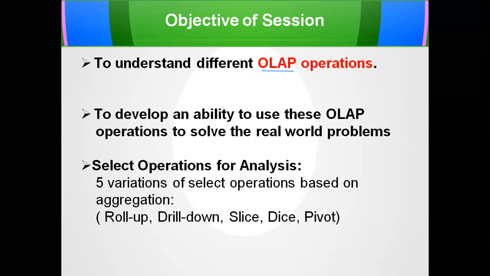All these operations help you retrieve aggregated data from your cube, in which aggregated data is already there. Managers use this select operation to analyze total sales with respect to different dimensions, which we will cover in detail in this session.